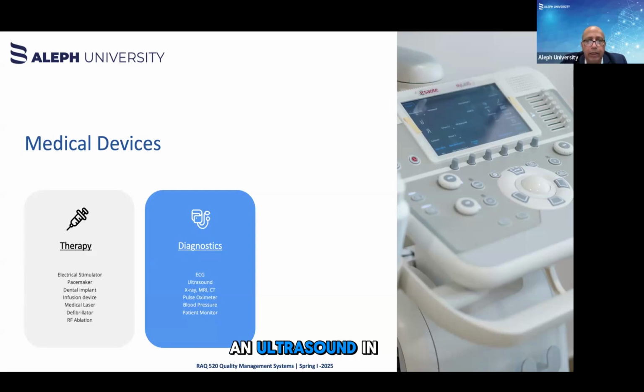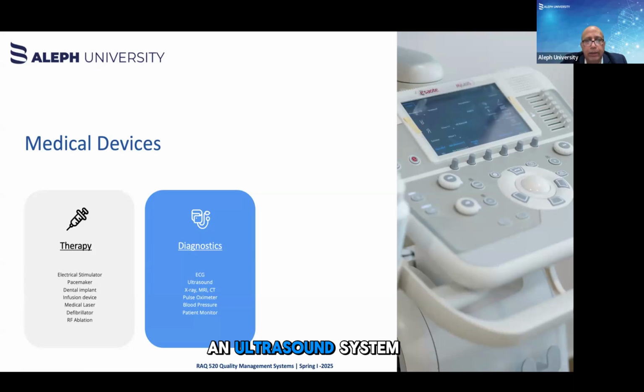The ECG is used to diagnose disease conditions of the heart or to observe the functioning of the heart, because the heart has muscle, and the muscle is activated through electrical currents. Those electrical currents are picked up by the electrodes of an ECG, and then we can see the electrical activity of the heart through the ECG machine.